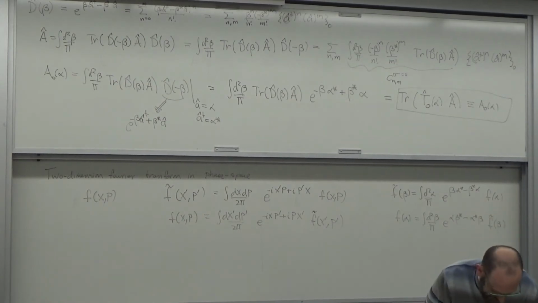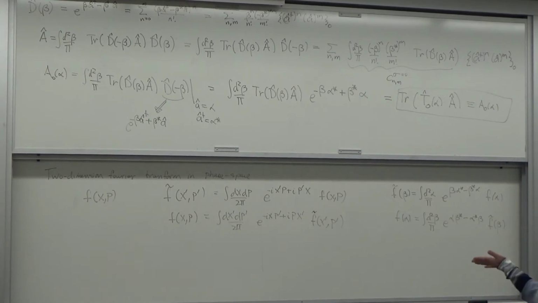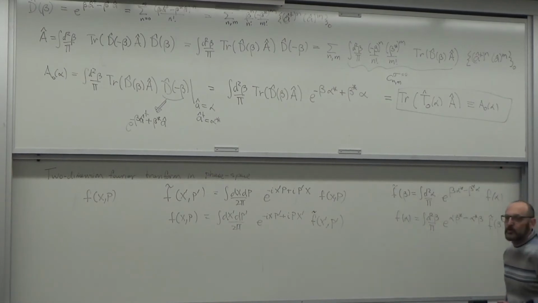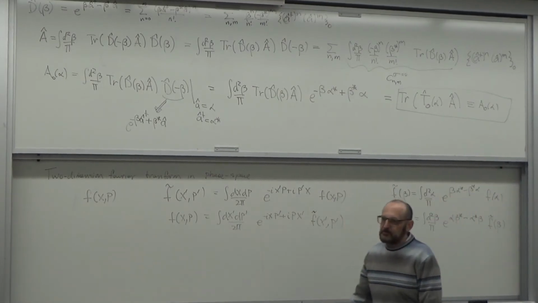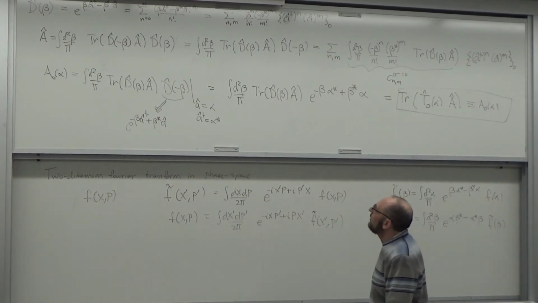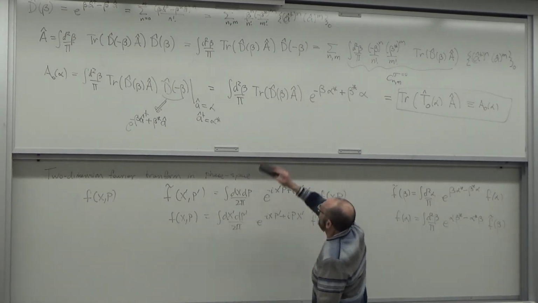Very good. All right, so, good. We'll come back to this. We know how, in principle, to calculate the symmetrically ordered representation of an operator. We'll come back to it. We can take this trace, and equivalently we Fourier transform.